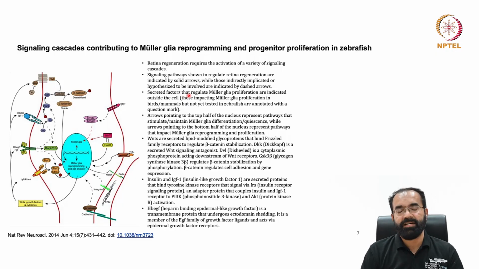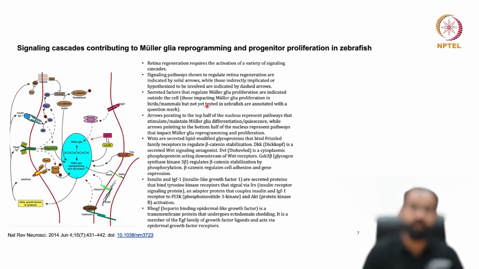Normally some groups of factors are there, like Wnts, SFRP, sonic hedgehog, and many others, and they are shown as expressed outside the cell in this picture, and they can impact the Muller glia response or reprogramming. Arrows pointing to the nucleus indicate that they stimulate and maintain, and the blunt or blocked arrow indicates a negative regulator.